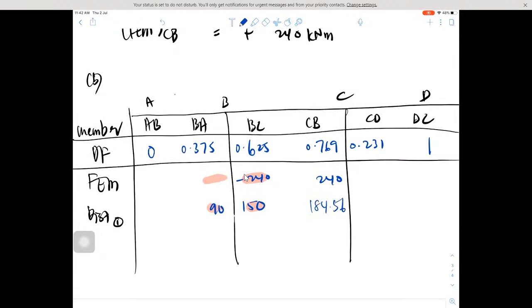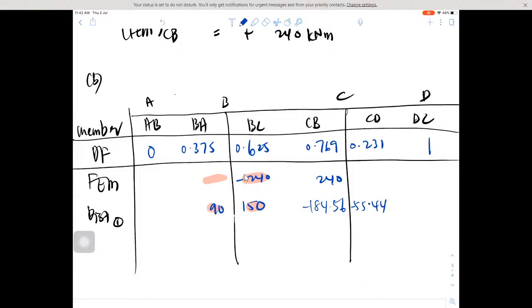184.56. Okay, the balance is 55.44, because the total must be 0. This one is negative. Why must it be negative? Because the member end moment is positive 240, the joint moment is opposite, so it is negative 240.